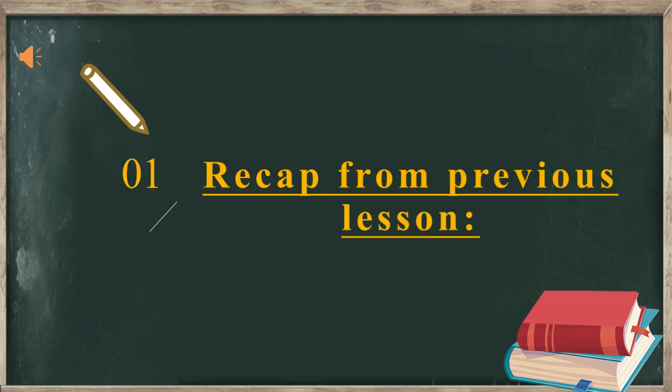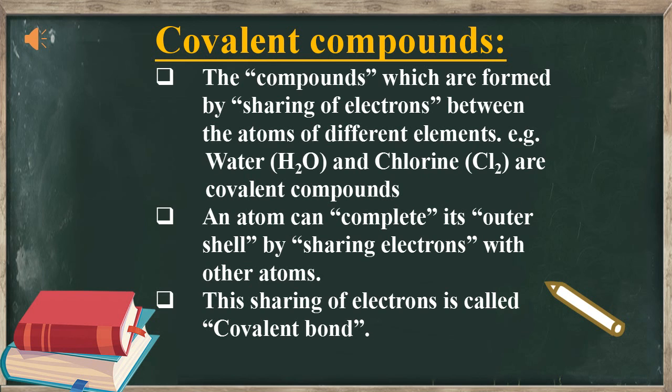Dear students, let's start a fast recap of the previous lesson, in which we discussed the covalent compounds and their formation. Covalent compounds. Dear students, the compounds which are formed by sharing of electrons between the atoms of different elements are known as covalent compounds.